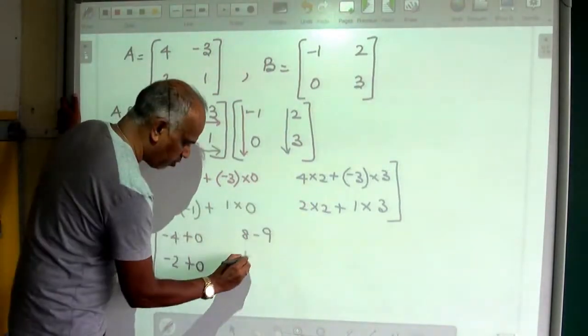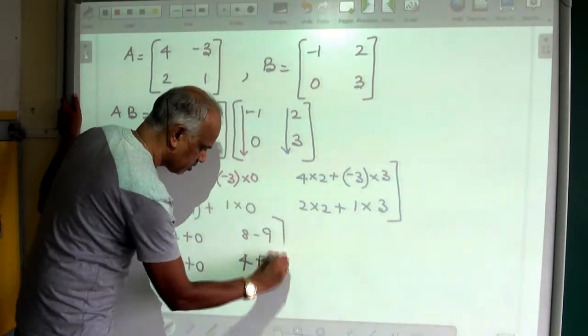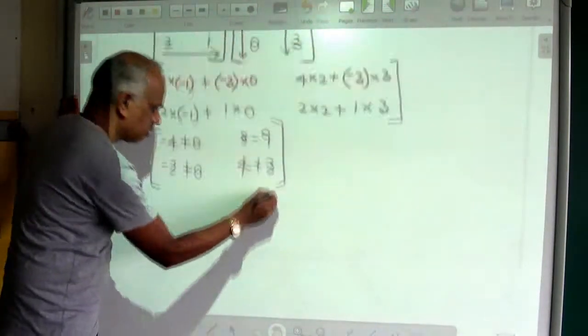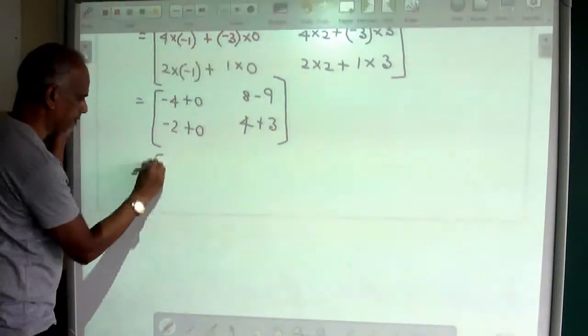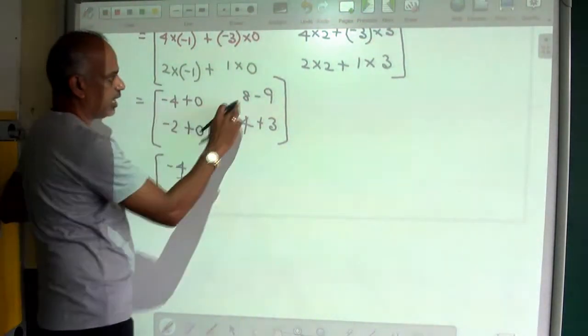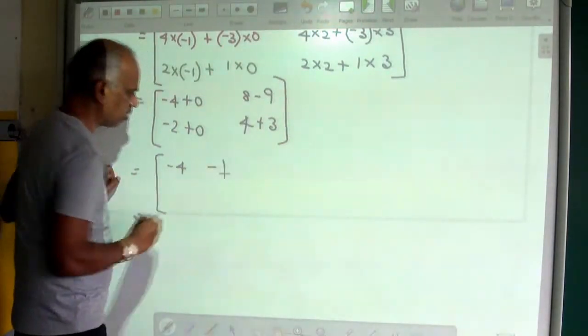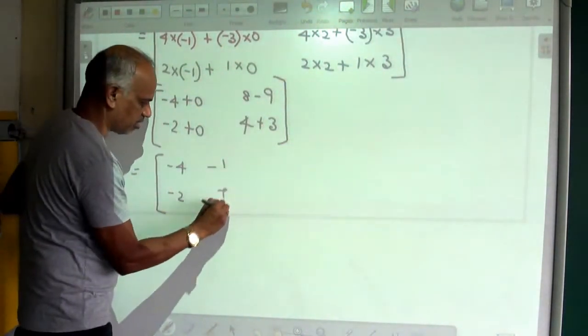This into this is 4, and 1 into 3 is 3. Simplify and write the answer. So that will give you minus 4 plus 0, which is minus 4. 8 minus 9 is minus 1. That's minus 2. And the last one is 7.